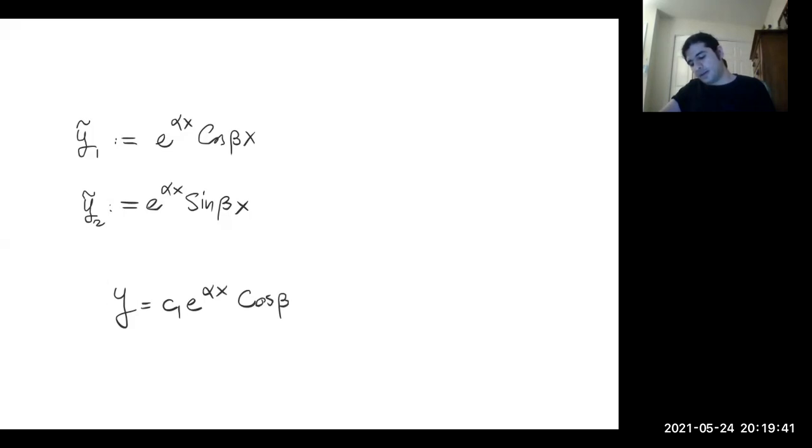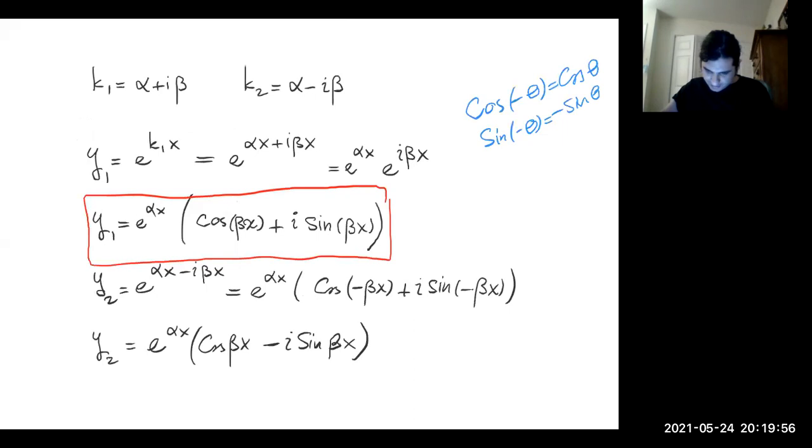C1 e to the alpha x cosine of beta x. Sorry, we didn't have x here. Why am I writing beta x? There is no x here. Oh, no, that is correct.